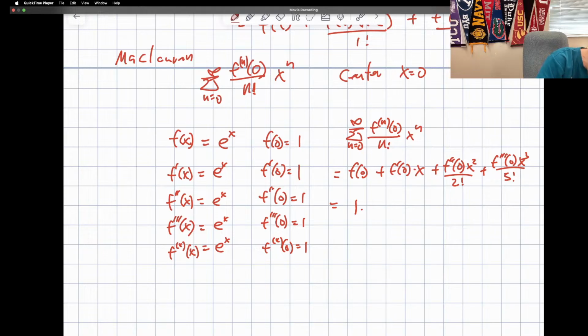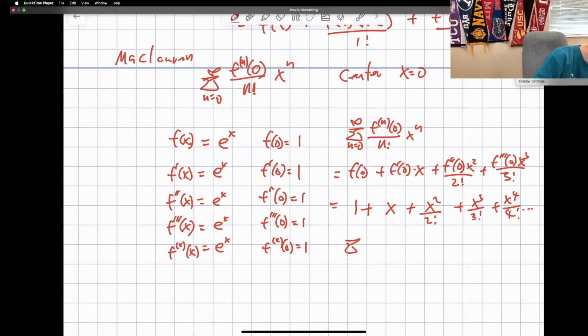So this is 1 plus x plus x squared over 2 factorial plus x to the third over 3 factorial plus x to the 4 over 4 factorial, dot dot dot. Can you write a general term?